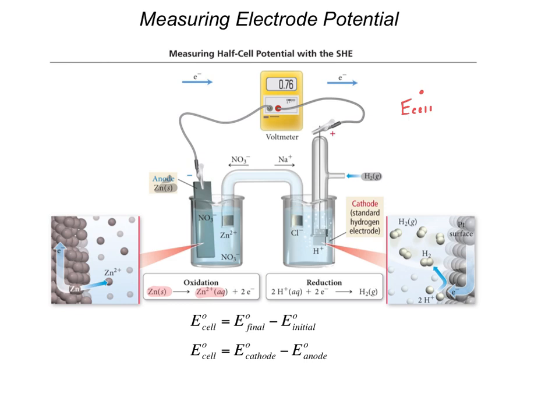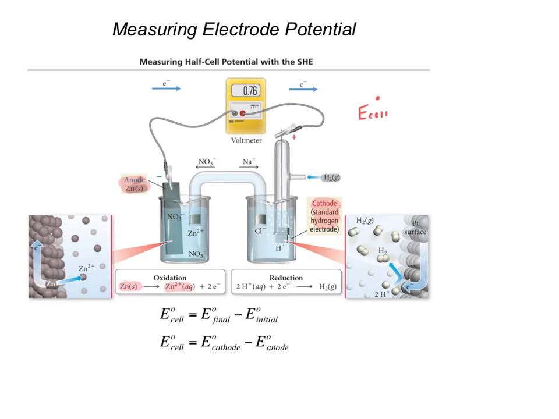So this potential difference, this E cell, is the difference in potential between the final half cell and the initial half cell. And what we're dealing with respect to final and initial is in terms of the electron, okay? So we have our anode as our zinc, and our cathode is our SHE, our standard hydrogen electrode. Where does the electron end up? Does it end up on the cathode, or does it end up on the anode? It ends up on the cathode, right?